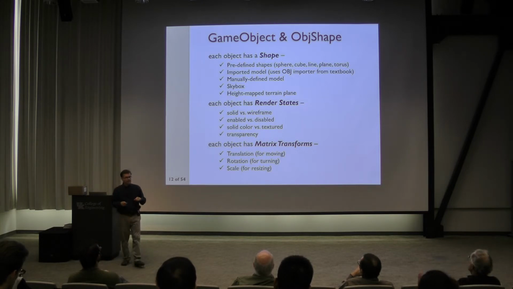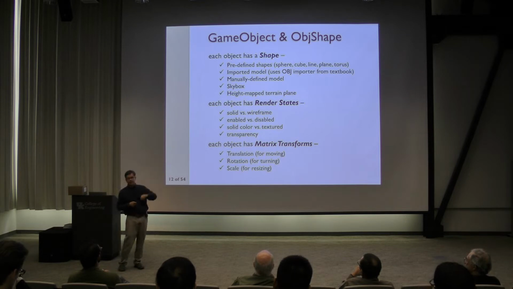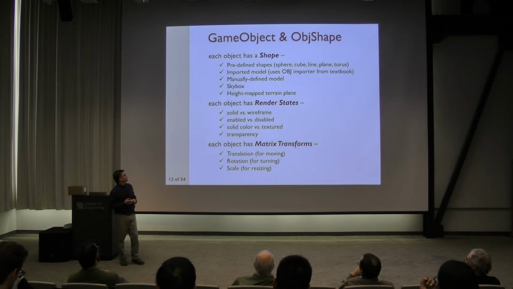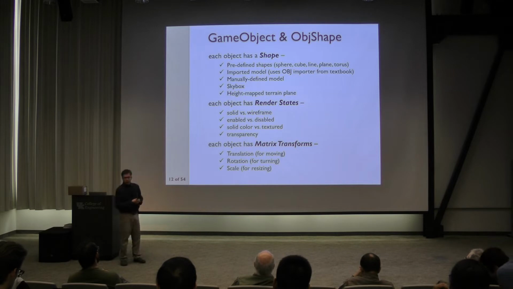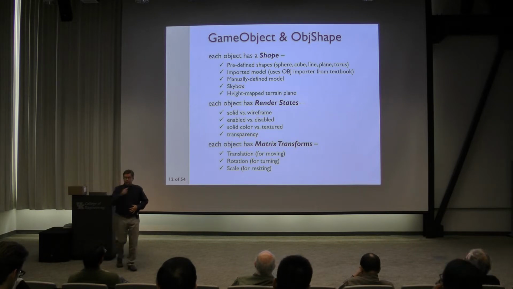You might want to stick a planet out there by making a sphere, or a bouncing ball. Really simple shapes. Why make the programmer make an OBJ file for that and load it in? But of course they're going to want to put their own models in there.